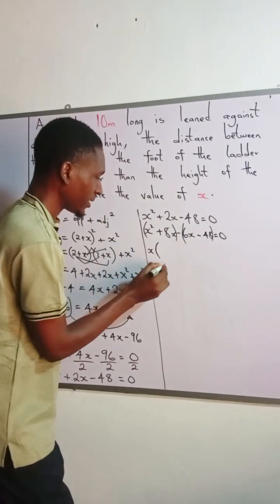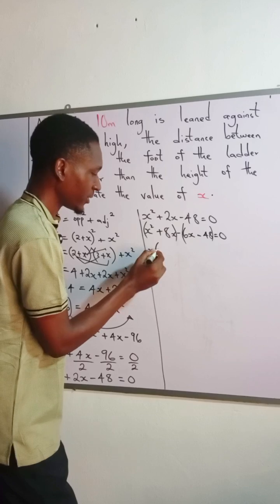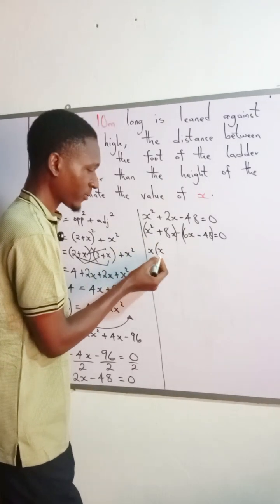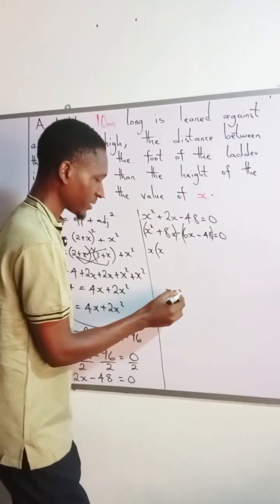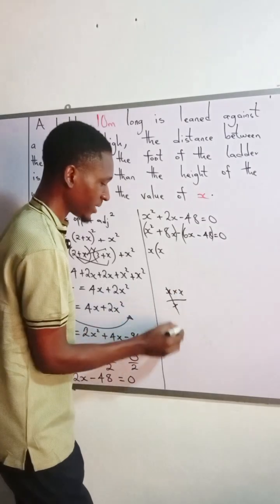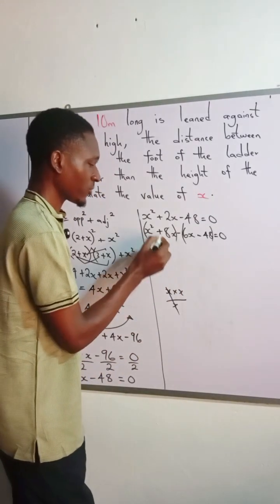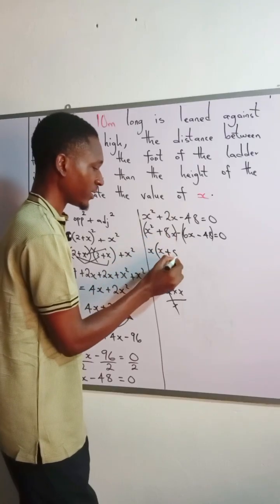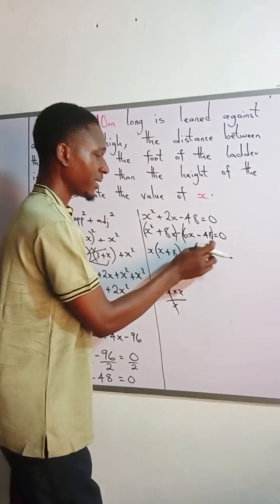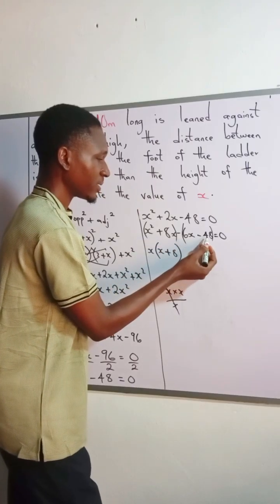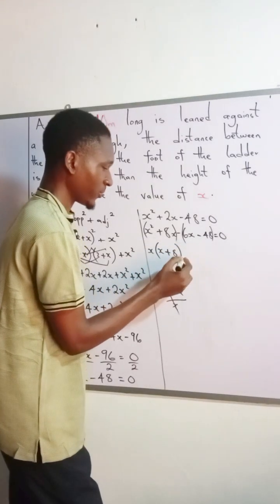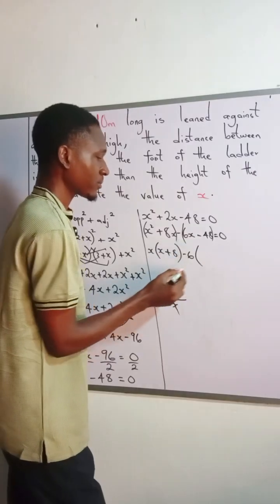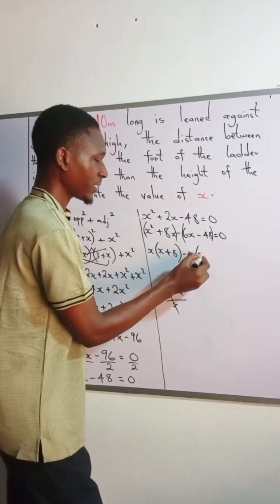We put the x outside. x squared divided by x is x. Plus 8x divided by x is 8. And here, what is common? 6 is common. So we have minus 6 outside. Minus 6x divided by minus 6 remains x.